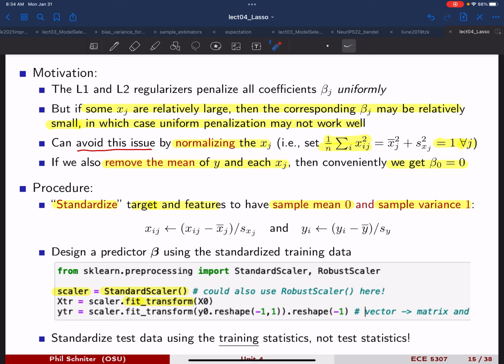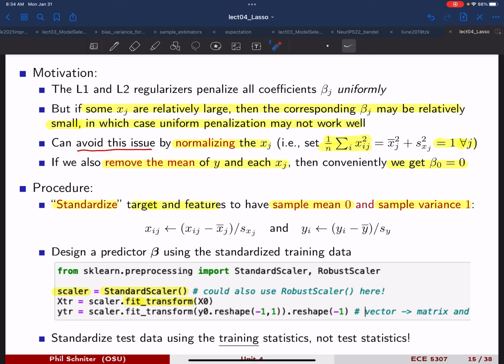So notice that because it's standardized, I am not using the A matrix here. I'm using the X matrix. The A matrix has that first column of 1s, and that's there as a way of fitting the beta 0 coefficient. But now the beta 0 coefficient is not even here. There's no beta 0, because we know it equals 0, so we're not even fitting it.